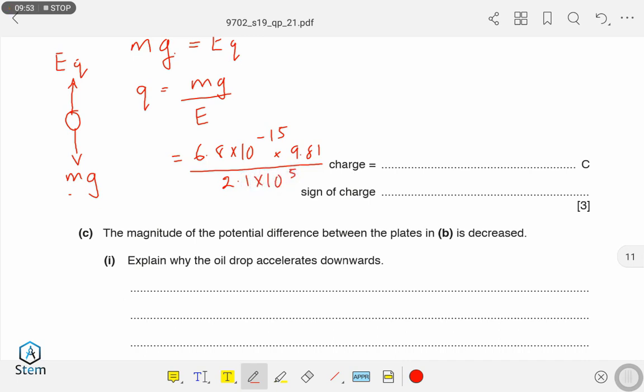Alright, so if we punch in our calculators, we'll get the charge is equal to 3.2 times 10 to the power minus 19 coulombs.